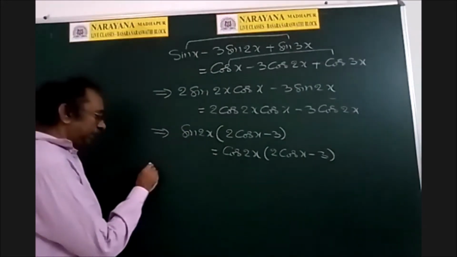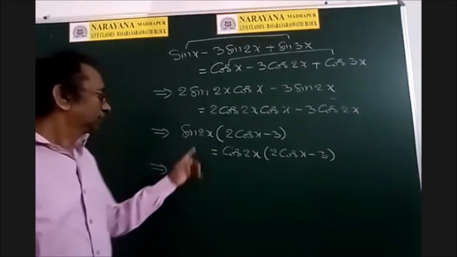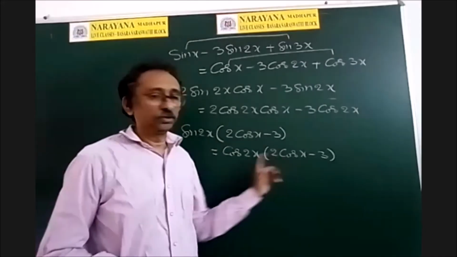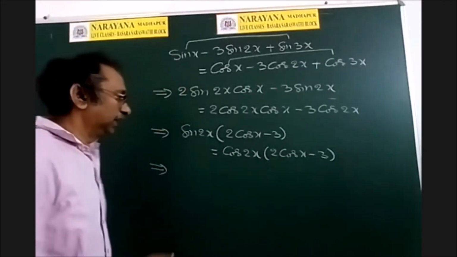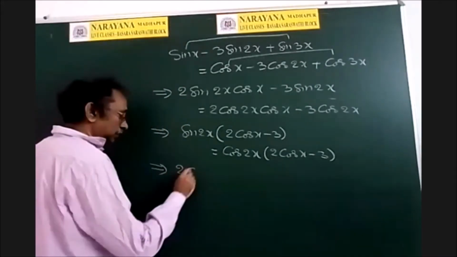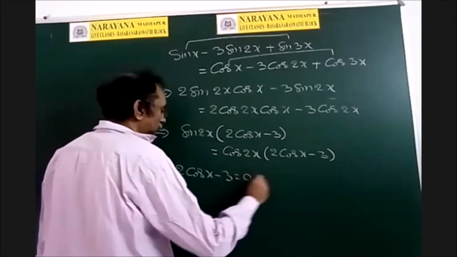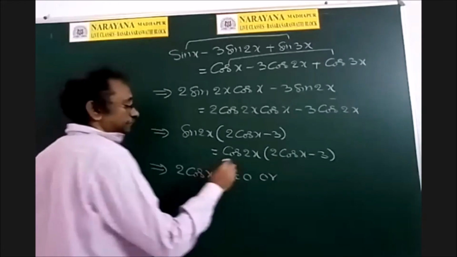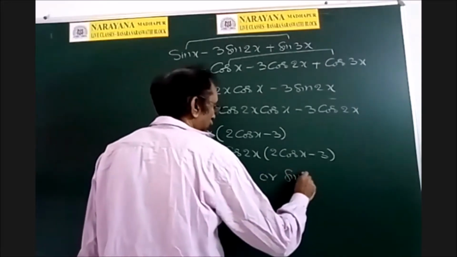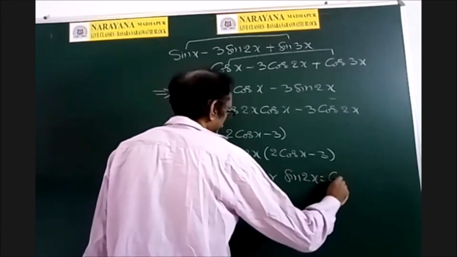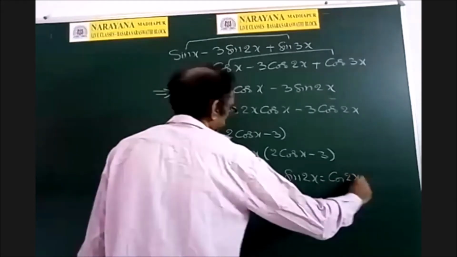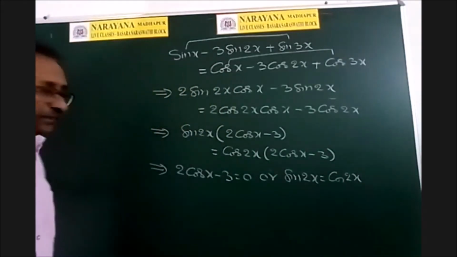It is of the form AB is equal to CB. Therefore, either B is equal to 0, that is 2 cos x minus 3 is equal to 0, or sin 2x is equal to cos 2x.